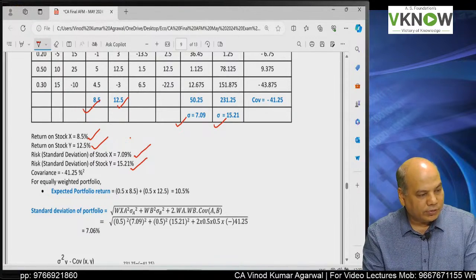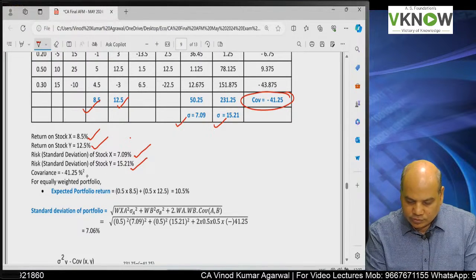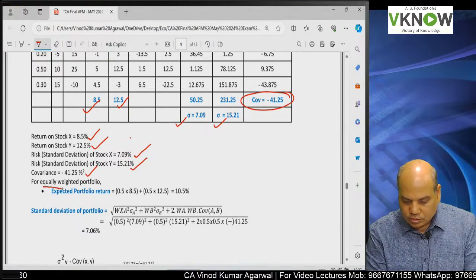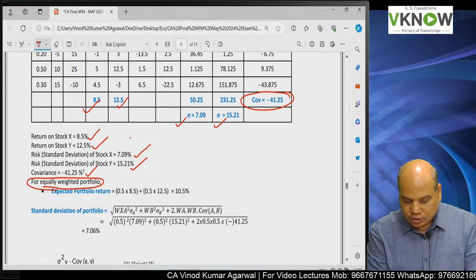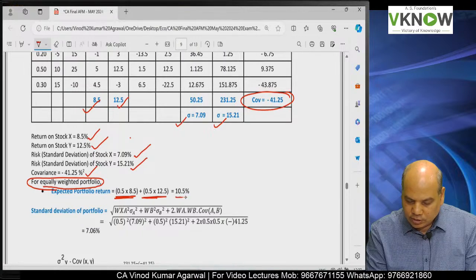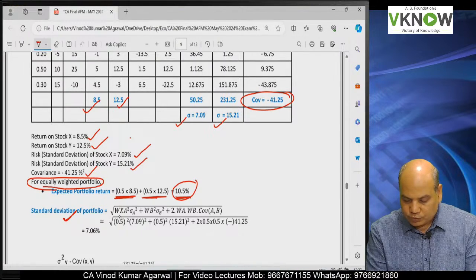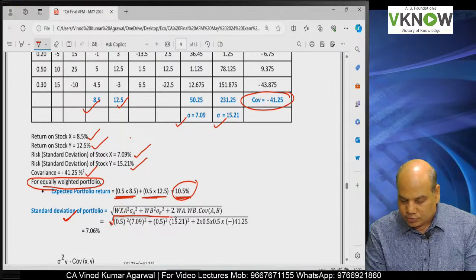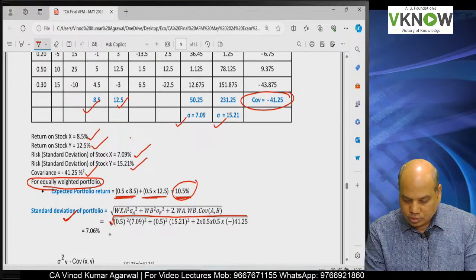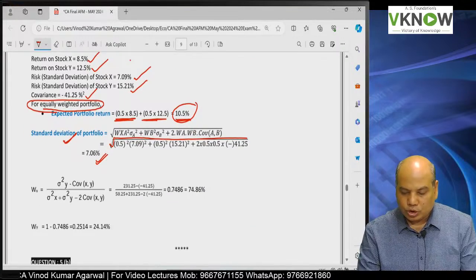Standard deviation of Y is 15.21. This is covariance. First, what is the expected return of the portfolio which has 50% of X and 50% of Y? So the answer will be 10.5. And standard deviation of portfolio, using this formula, your answer is 7.06%. Using the formula of 2 stock portfolio.